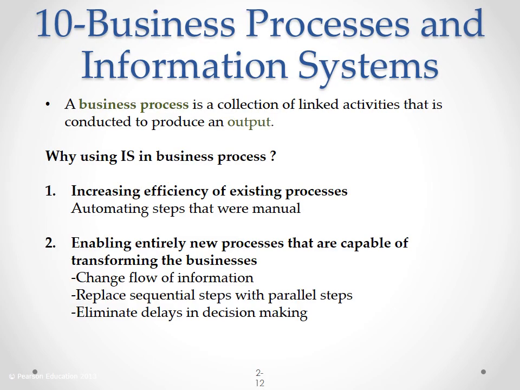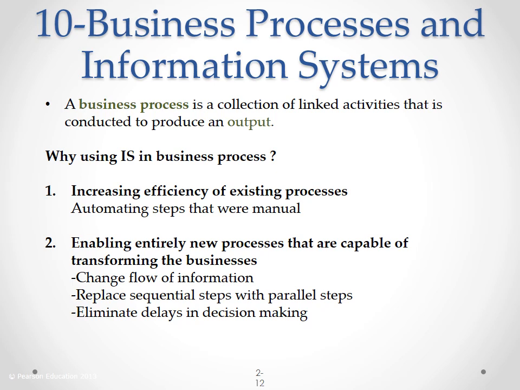Business processes and information systems. A business process is a collection of linked activities that is conducted to produce an output, for example, verifying a sales order, dispatching orders, or checking customer credit. Why use information systems in business processes?